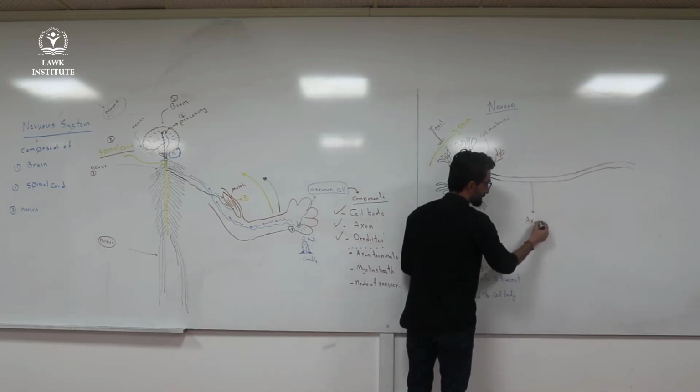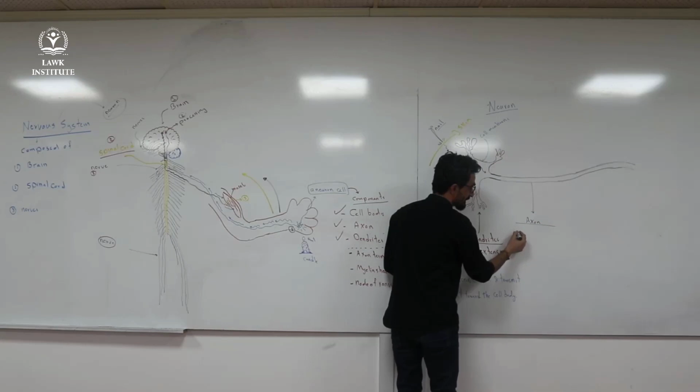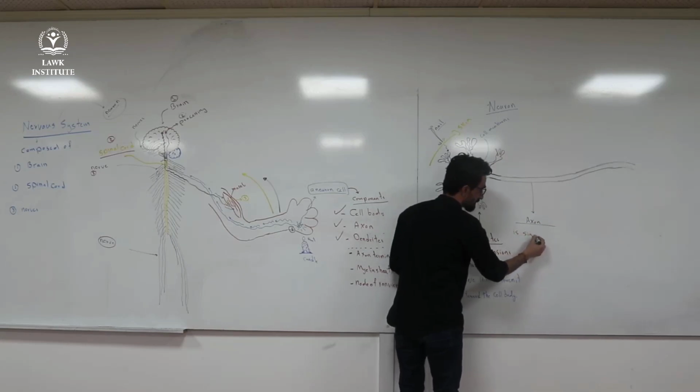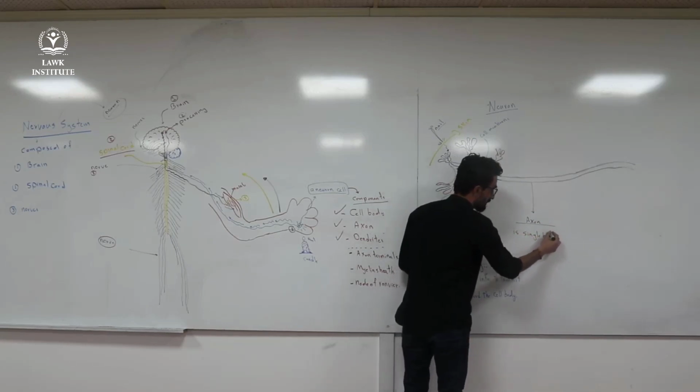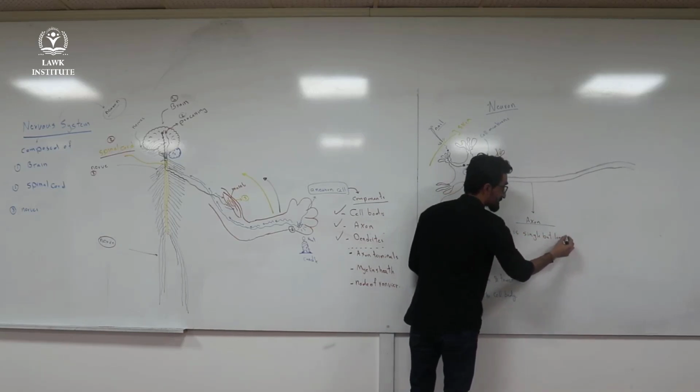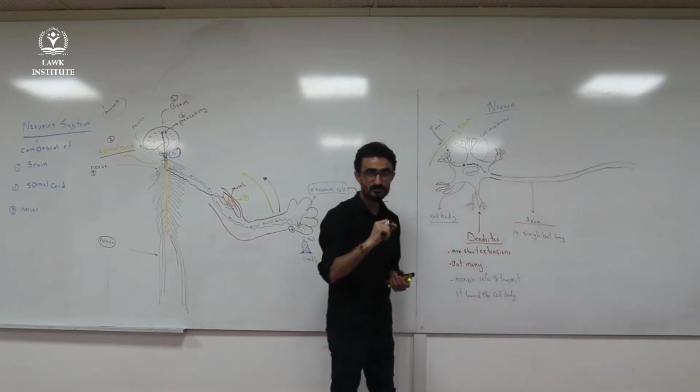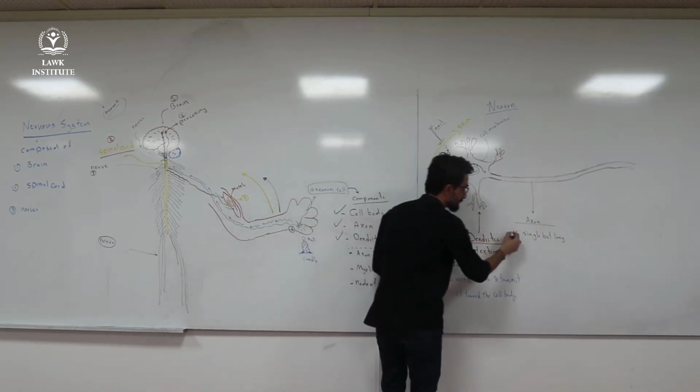So the axon is single but long. It's the longest extension from the cell body of a neuron.